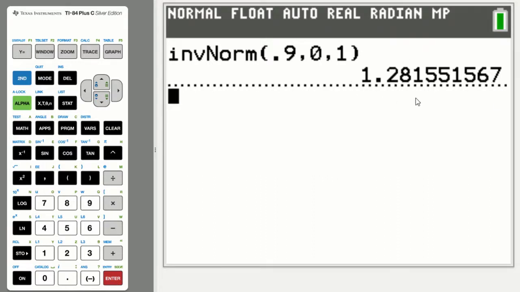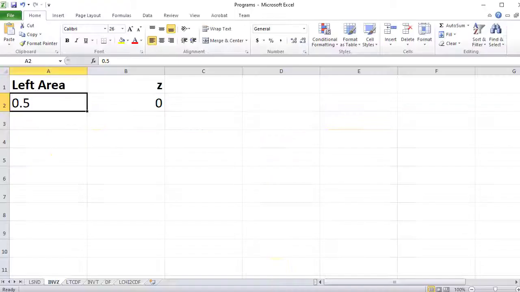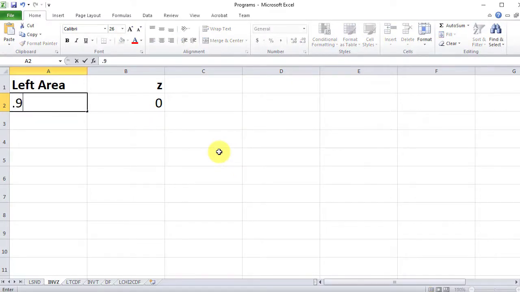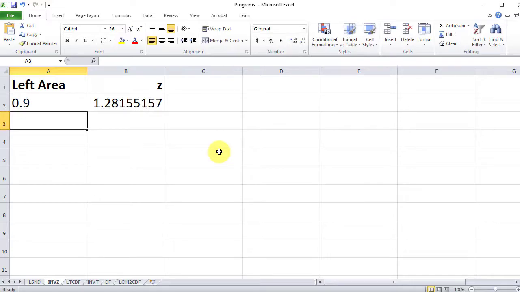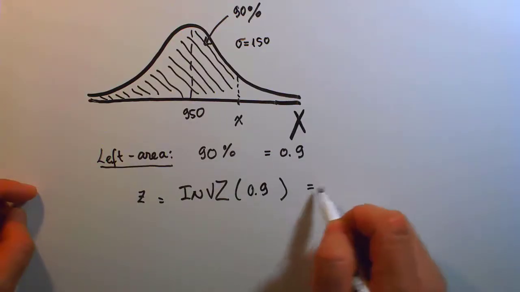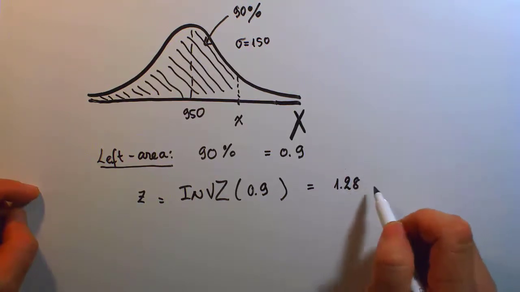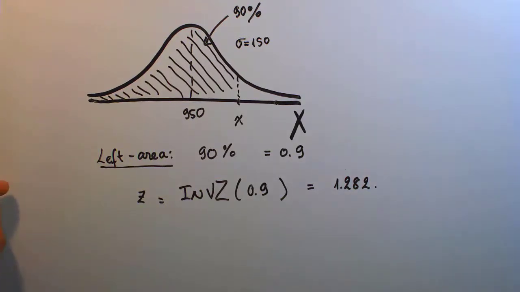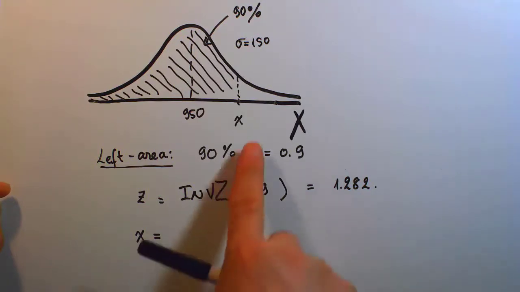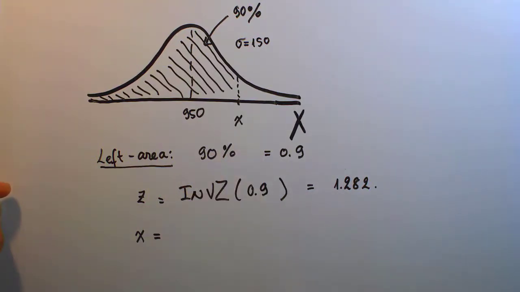So this is the answer calculated with invNorm on the TI-83 or 84 calculator. In my own InvZ program, 0.9 gives me a z-score rounded to 3 decimals, 1.282. And so now the actual SAT score being the 90th percentile, or the cutoff score of the bottom 90%, must start from where the mean value is 950.